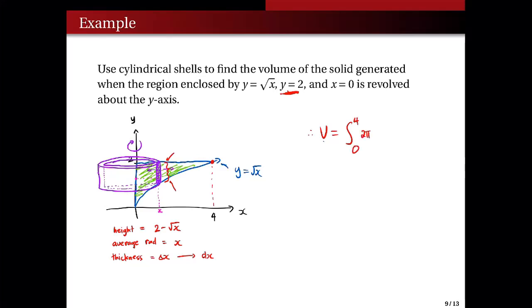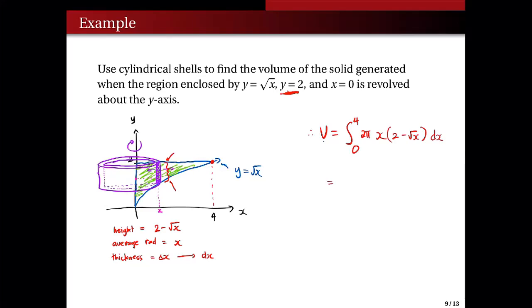Then you have 2 pi times the average radius, which is just x, times the height, 2 minus square root of x, and then the thickness, which is just dx.